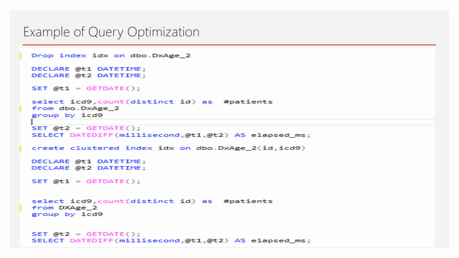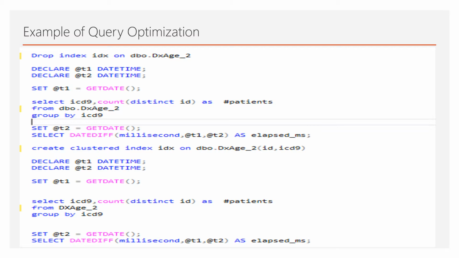So T1 and T2 mark the time. You would run the query, then take the difference of the first time point with the second, so you just query how long it takes to run this.